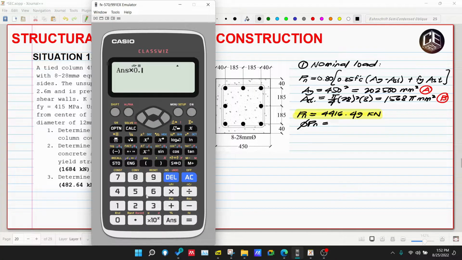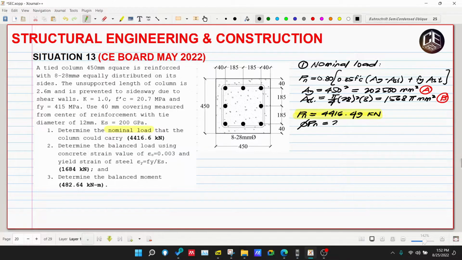So, multiplied by 0.65. 2870.72 kilonewton. Okay? So, ulitin namin. Ang tawag dito ay design strength. According sa LRFD or yung sa strength design sa RC.